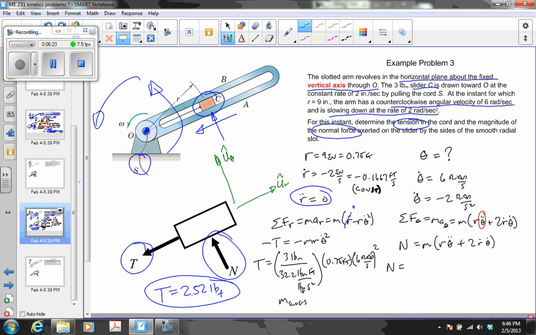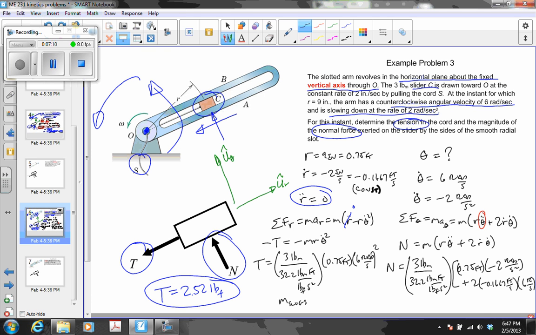So N equals the mass in slugs times the radius, r, 0.75 feet, times theta double dot, minus 2 radians per second squared, and then plus 2 times r dot, negative 0.1667 feet per second, times theta dot, 6 radians per second.